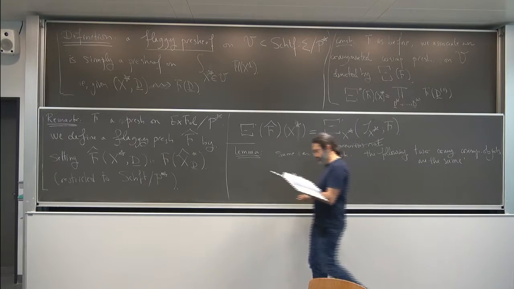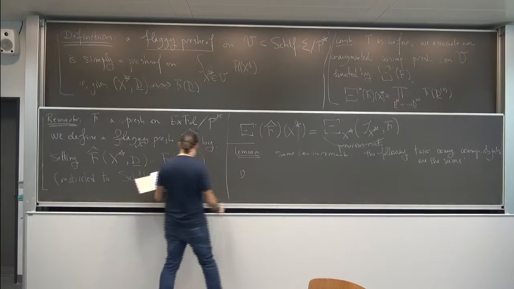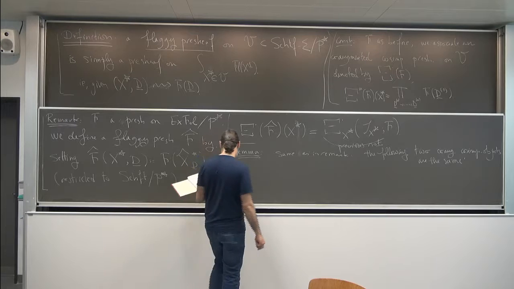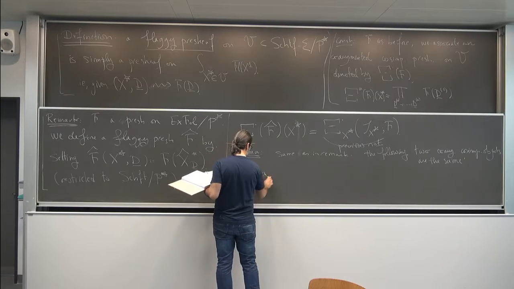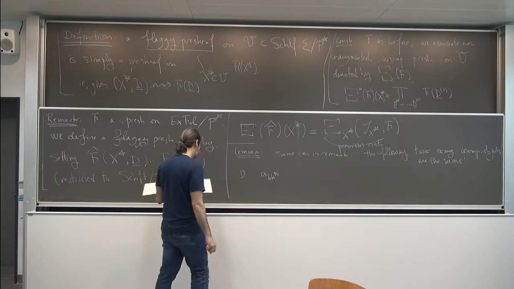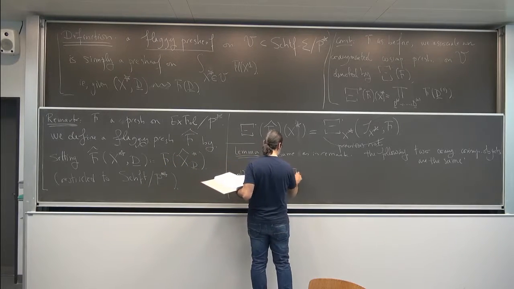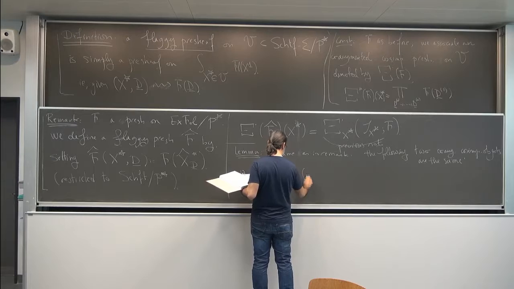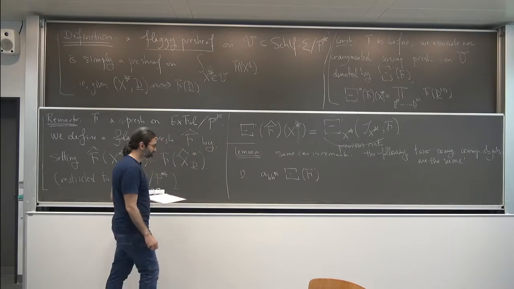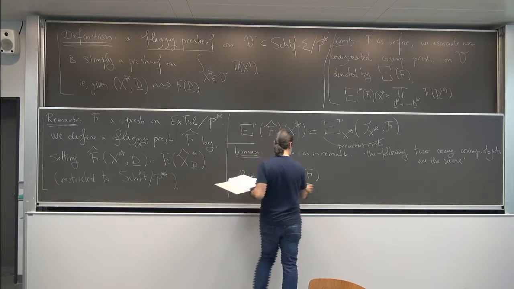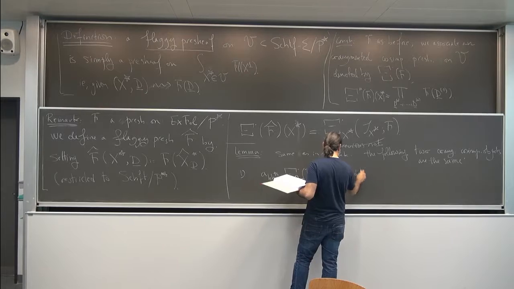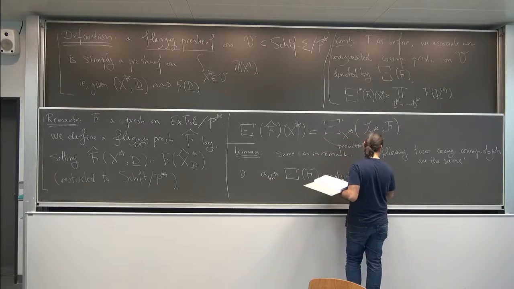So the first one is the sheafification for the HH star topology of the formal Godman complex. This is what we were considering last time, restricted to finite type schemes.